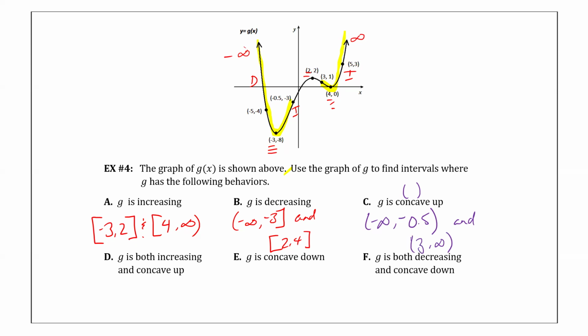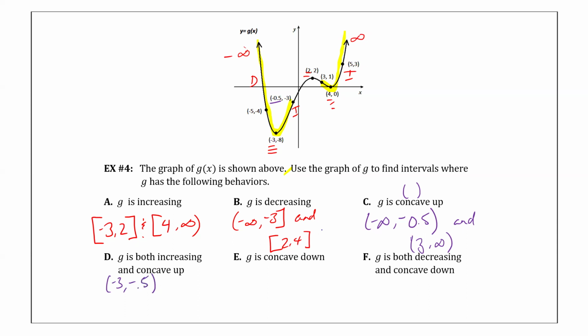Okay. So now that we've identified where it's concave up, the question is asking, at what intervals is your function increasing and concave up? So notice how I highlighted my concavity and we've labeled our increasing interval. At what intervals do I have highlighted pieces and an I? So -3 to -0.5, perfect. So from -3 to -0.5.